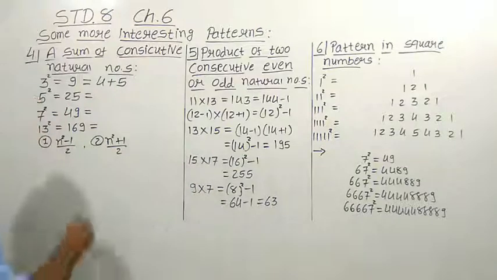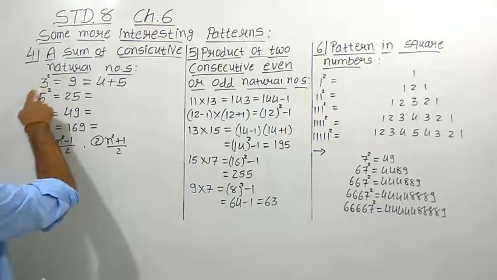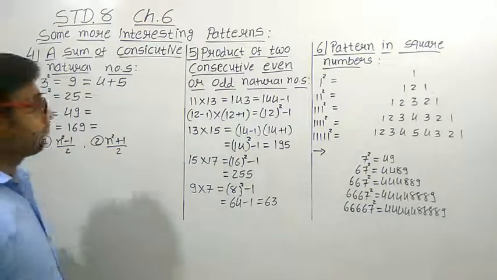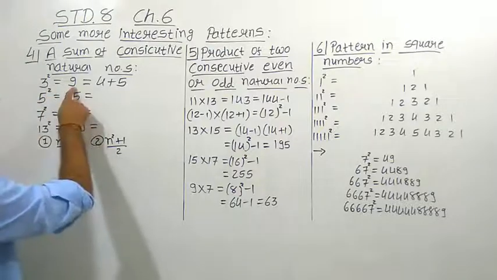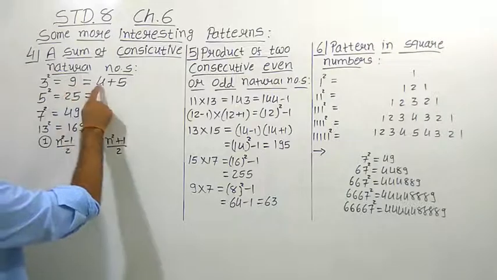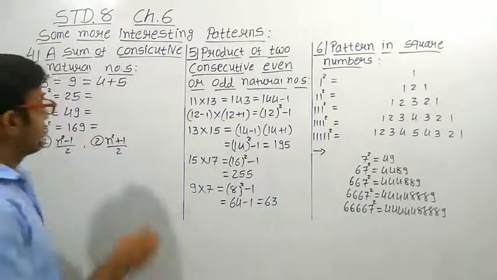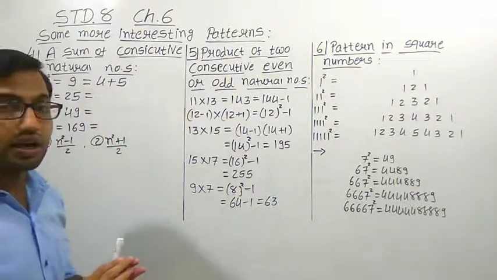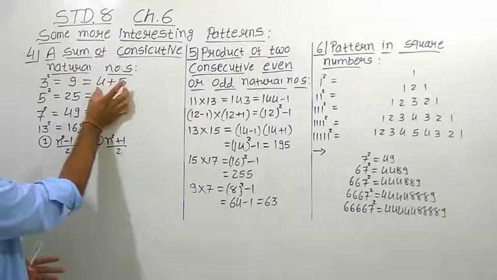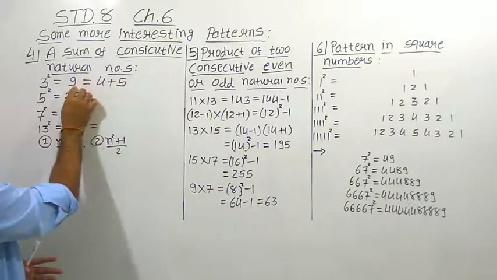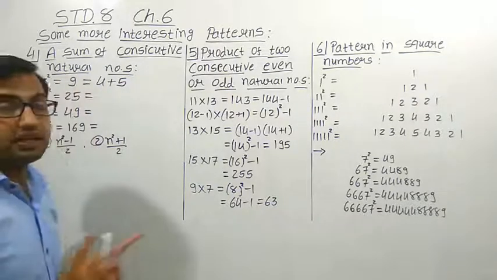See here, if we take the square of 3, 3 squared is 9, and 9 we can write as 4 plus 5. So 4 and 5 are consecutive numbers. If we add both numbers we get 9, and 9 is a perfect square number, that is the square of 3.